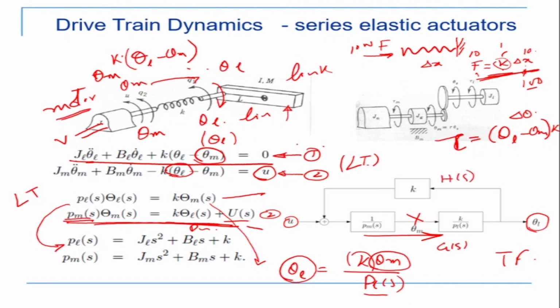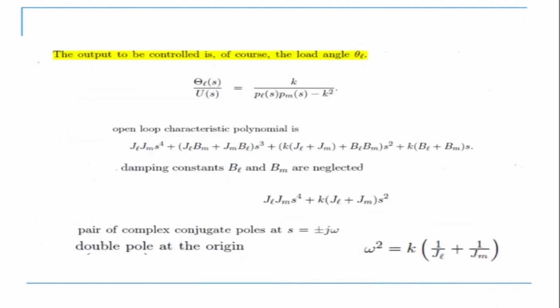So the transfer function is equal to G(s) by 1 plus G(s)H(s). Right? So this is my characteristic equation. What we are doing is closing the loop, multiplying this into this, and then it comes out like this. So theta_L by U(s), this is my transfer function. The characteristic equation is this fellow.